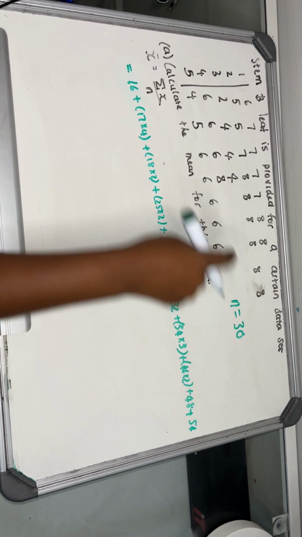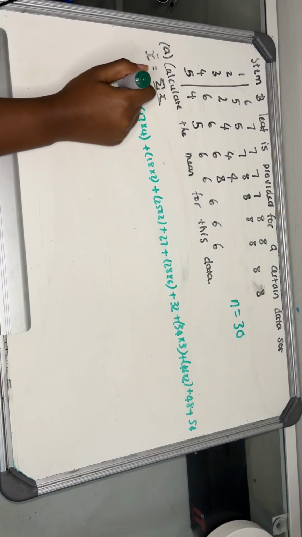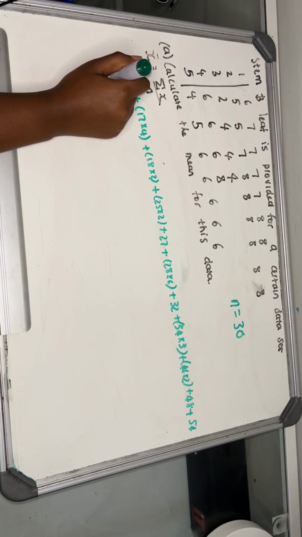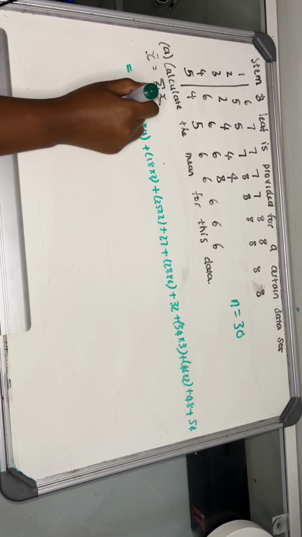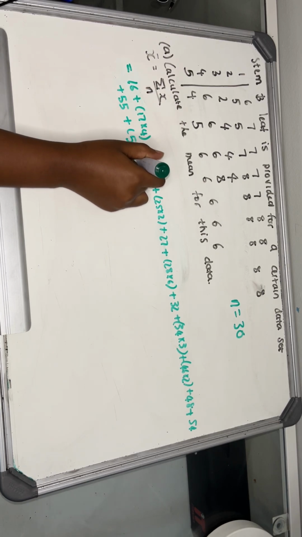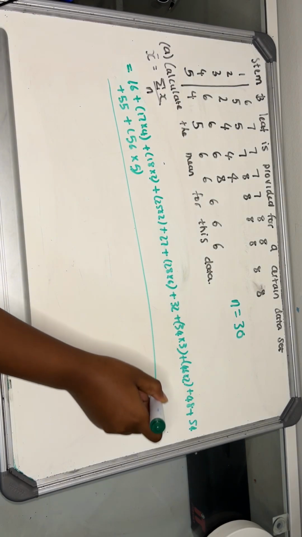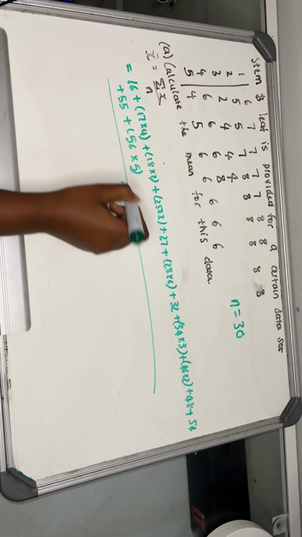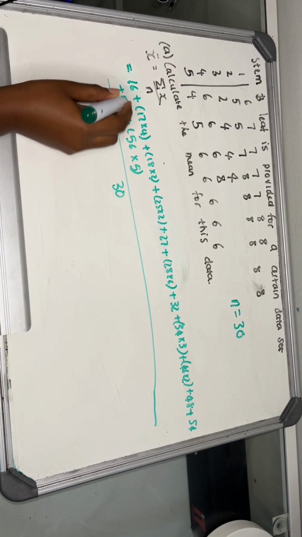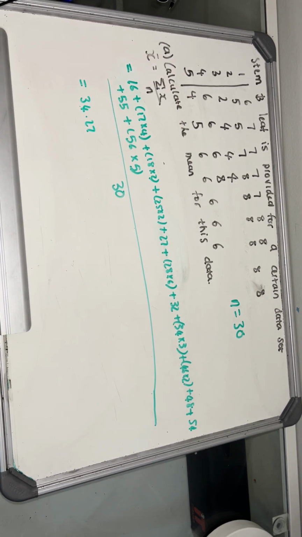I'll need to move down here, but just try to do it all in one line. I don't have enough space. Where did I stop? Plus 54 plus 55 plus 56 times 5, all over 30, right? And that will give you 34.27, an answer that is rounded to 2 decimal places.